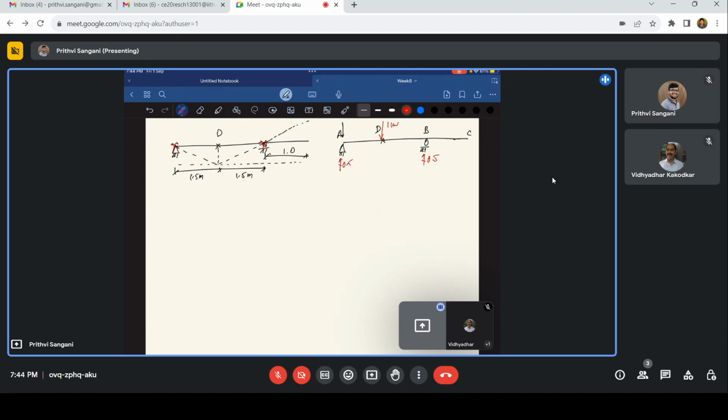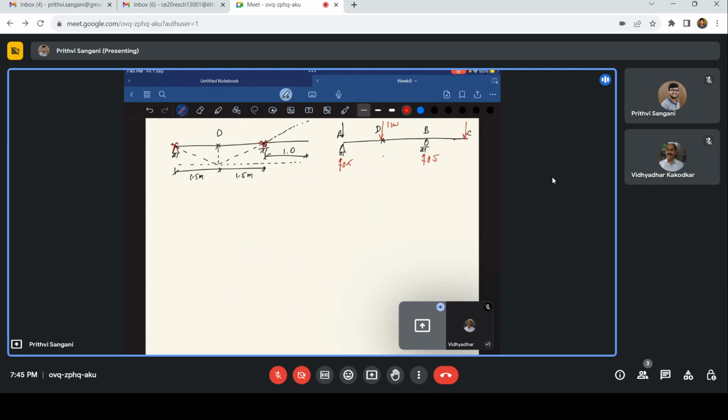So this point is 0.5 times 1.5. It's 0.75. So the bending moment at this point is 0.75.